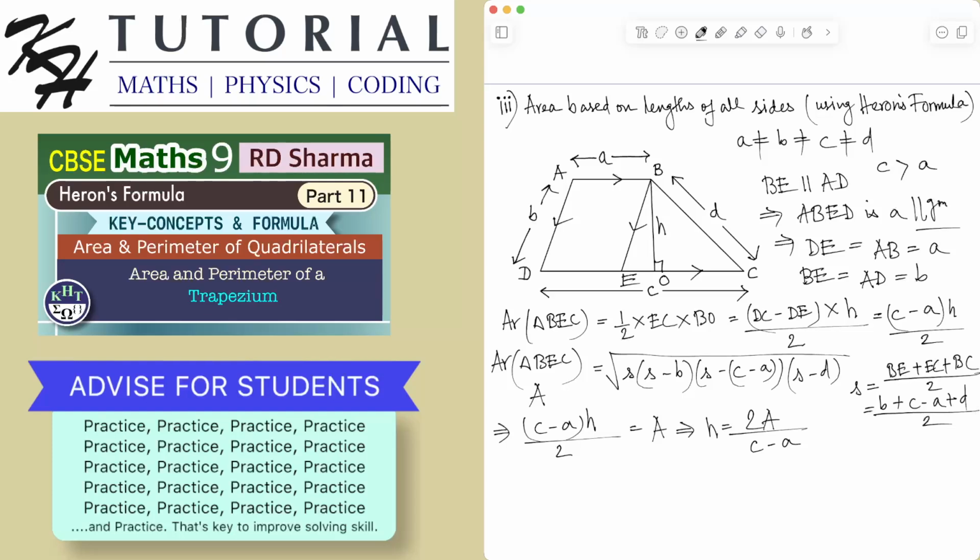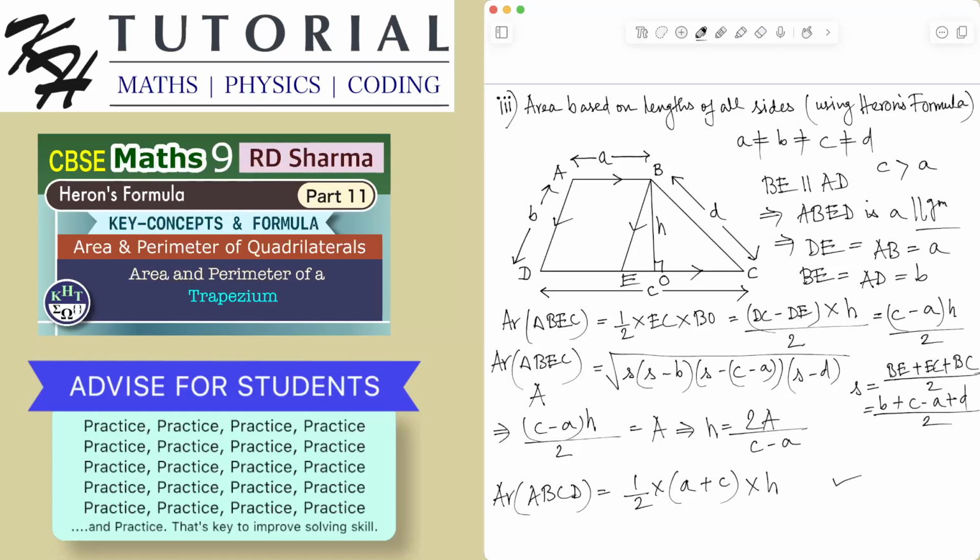So then the area of the trapezium ABCD will be equal to half into the sum of the parallel sides, which is a plus c, multiplied by h, where h we know is twice A divided by c minus a, where capital A is the area of the triangle BEC.